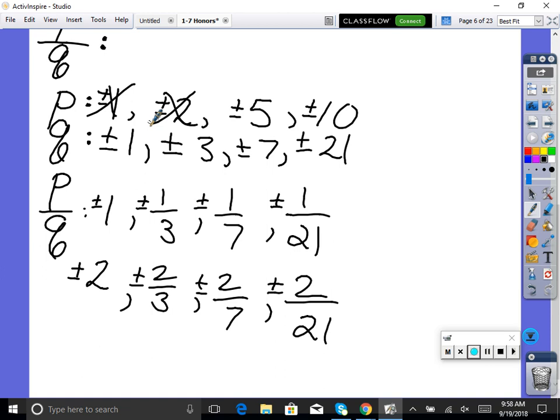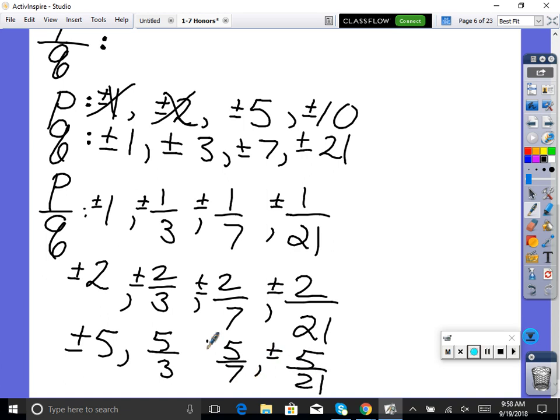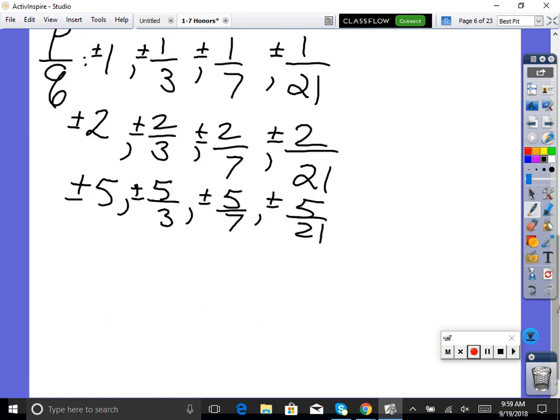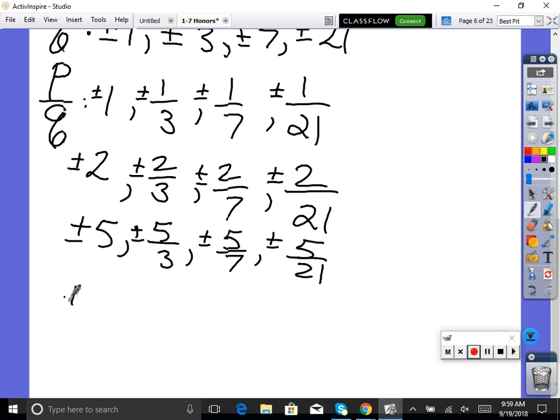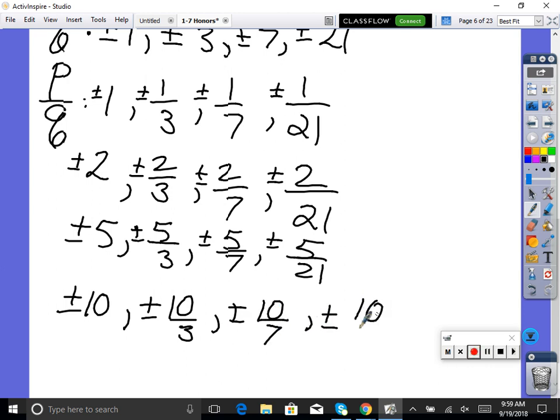Now 5 divided by 1, 5/3, 5/7, and 5 over 21. And then we're almost there. 10, plus or minus 10, plus and minus 10/3, plus and minus 10/7, plus and minus 10 over 21.